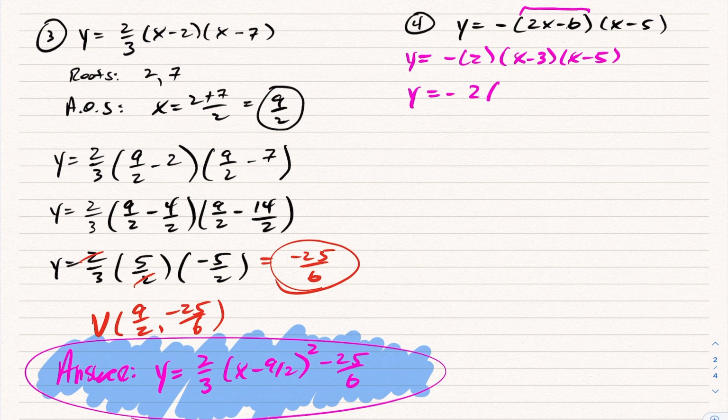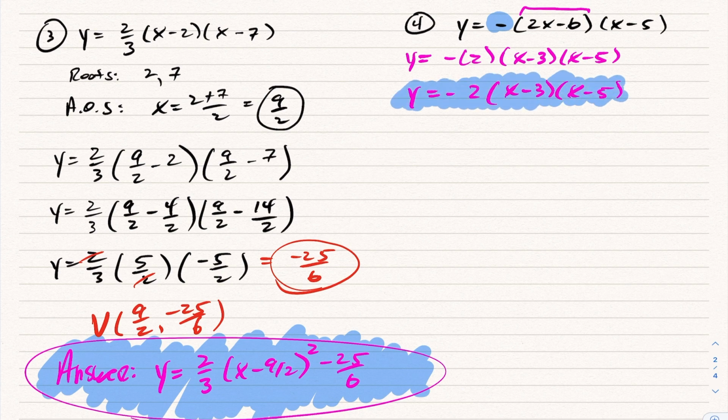And only then can you go ahead and use that a value. Had I kept an a value of negative 1, my answer would have been wrong. So you have to make sure that you're in fully factored form before you identify what your a value is.